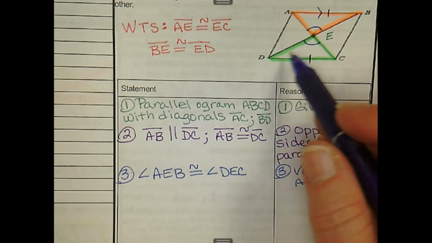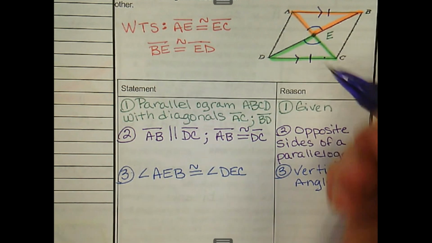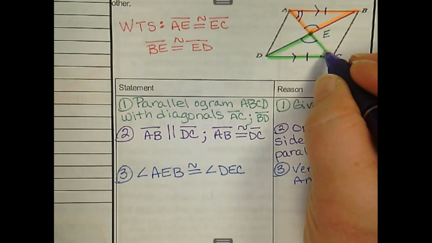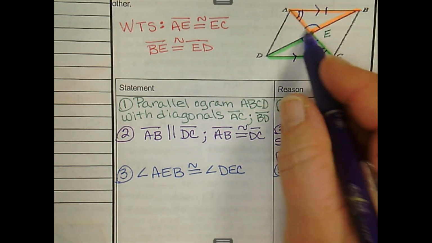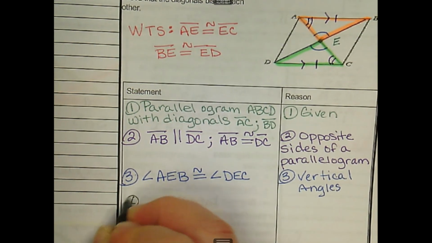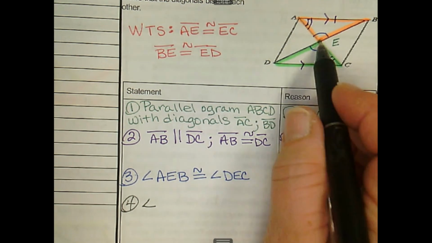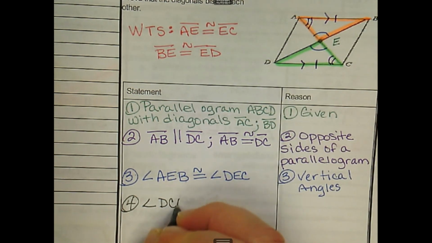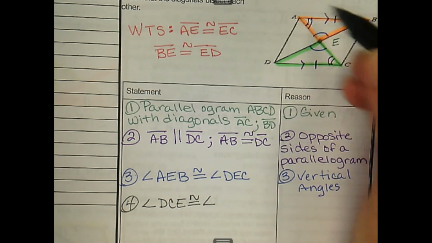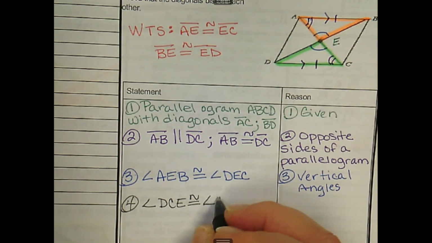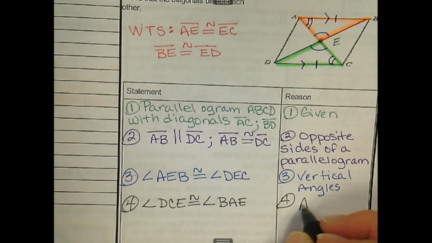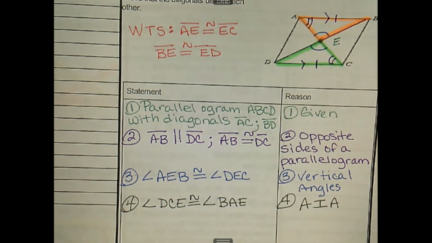I can use this angle or I can use this angle. I've decided to use angle BAE and angle DCE. Angle DCE is congruent to angle BAE. Those are our alternate interior angles.